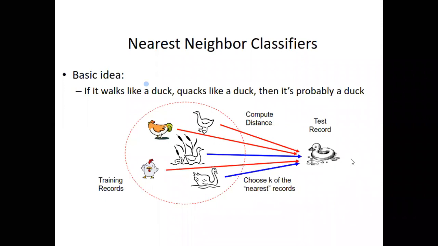It will compare this with these five birds. The blue line indicates it is closest to these two values. Among all these five, it is closest to these two values, so it will identify it as a duck.